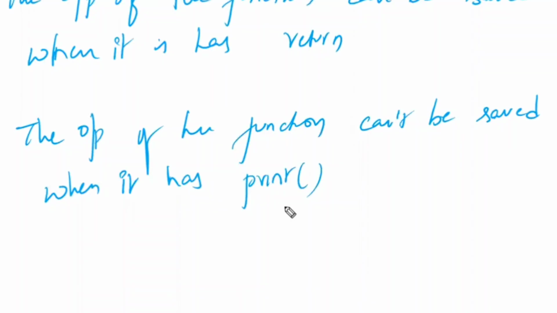Right? Is my writing okay, or is it doctor writing? Able to understand, right? My writing? The output of the function can be saved when it has the return option. If it is having the print option, the output cannot be saved. That is the reason most of the functions are created based on the return, in order to save the output. The output also should be saved further, means it has to have the return.